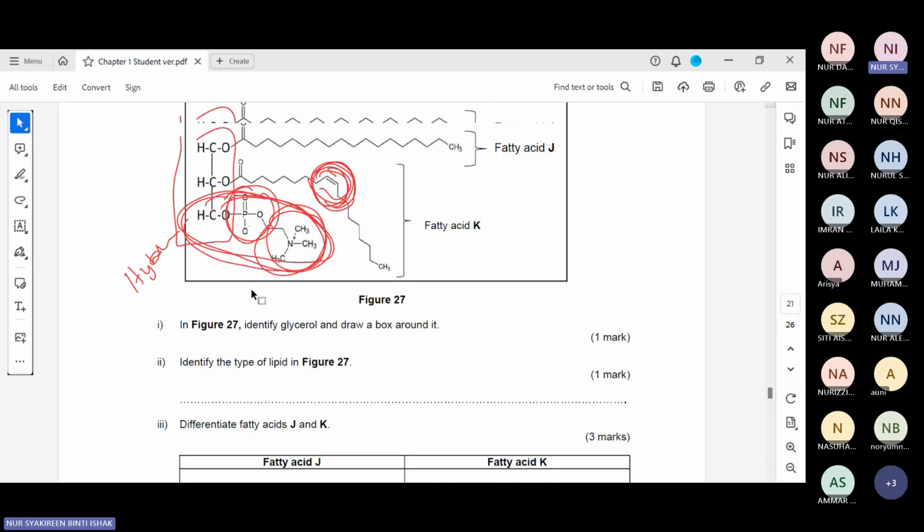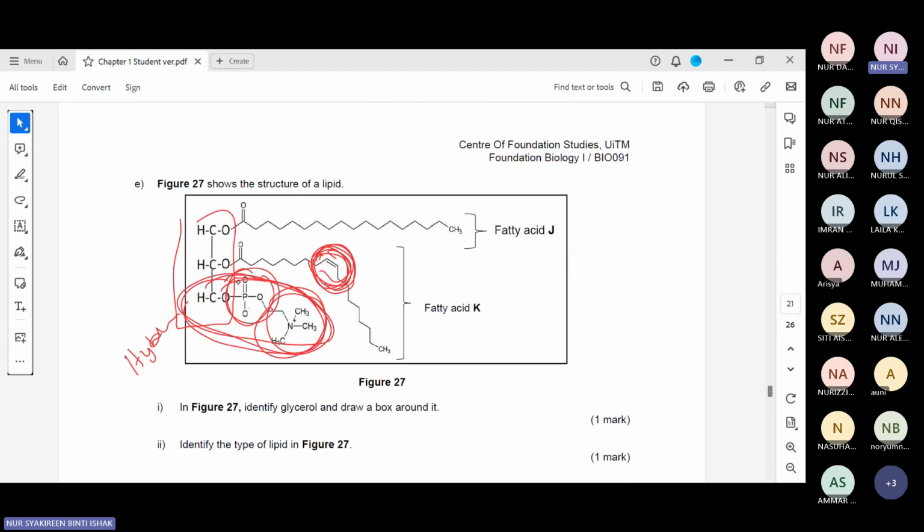So differentiate fatty acid K and L. This one, K, is unsaturated and this is saturated.